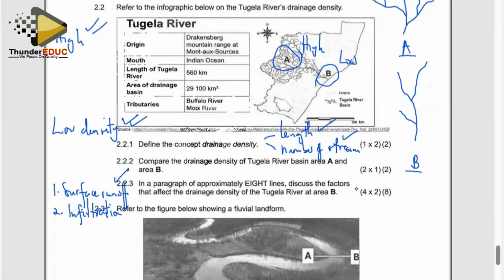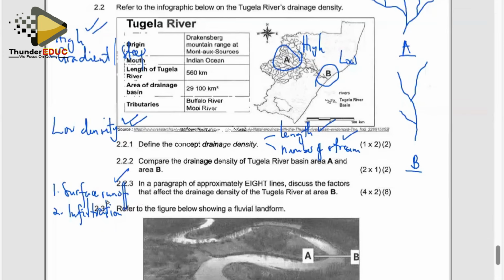So for that reason, we are saying, what factors can contribute towards high surface runoff? Look at aspects like the gradient of the area. Areas which are steep, they have got more streams. Why? Because the rainwater does not find an opportunity to infiltrate because of the nature of the steepness.